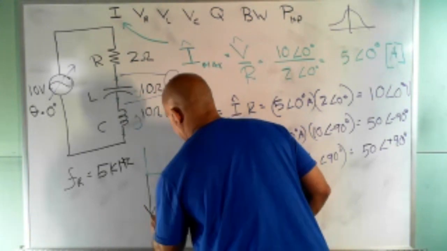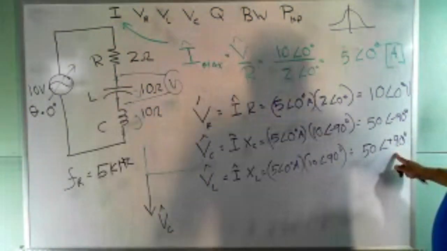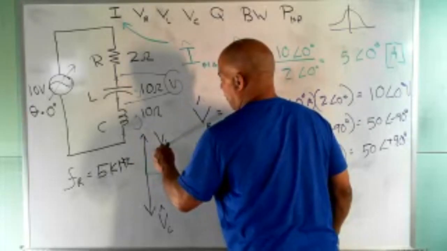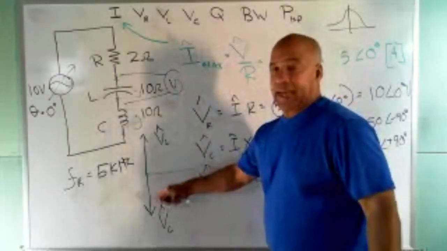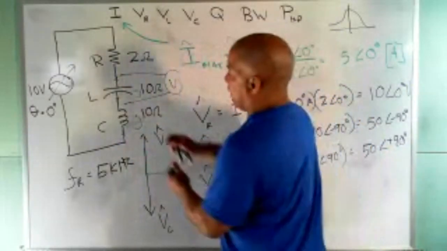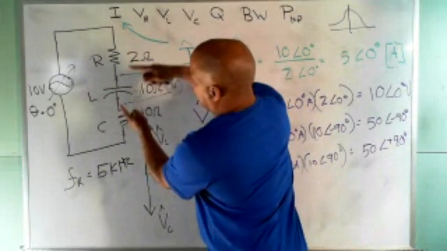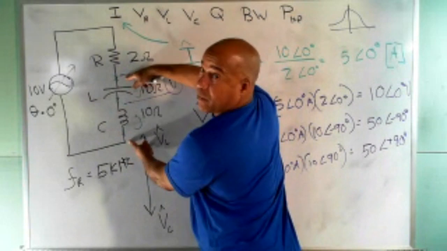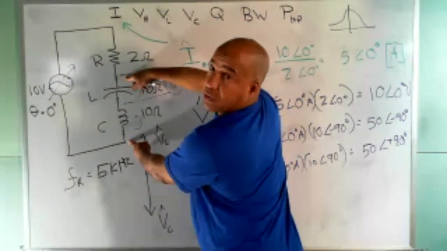VC hat. And this is 50 angle plus 90, so it's up here. VL hat. So they're going to cancel out. If you measure between here and here, you got 50 volts. You measure between here and here, you got 50 volts. If you measure between here and here, you got 0 volts.